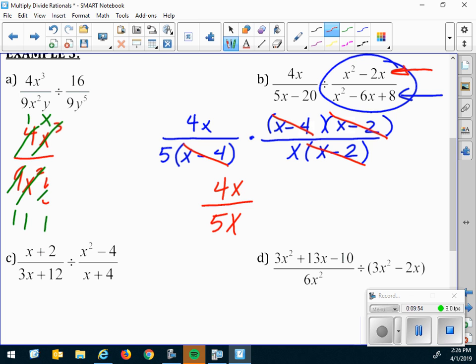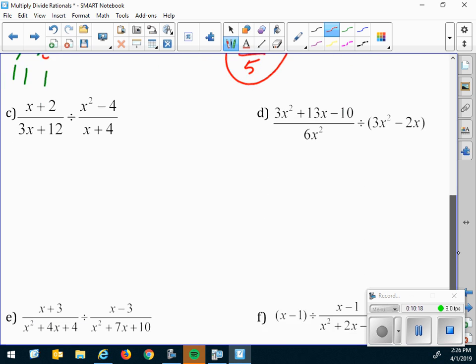What do you see there? So you could go ahead and do that now. x divided by x. 4/5. Questions? All right, go to the next one.